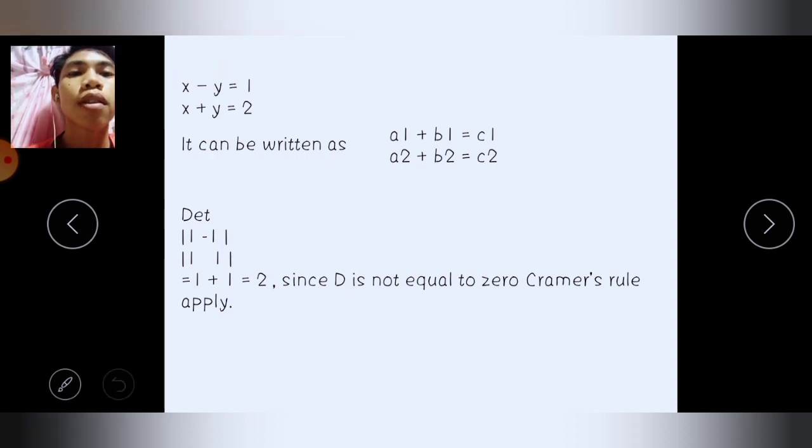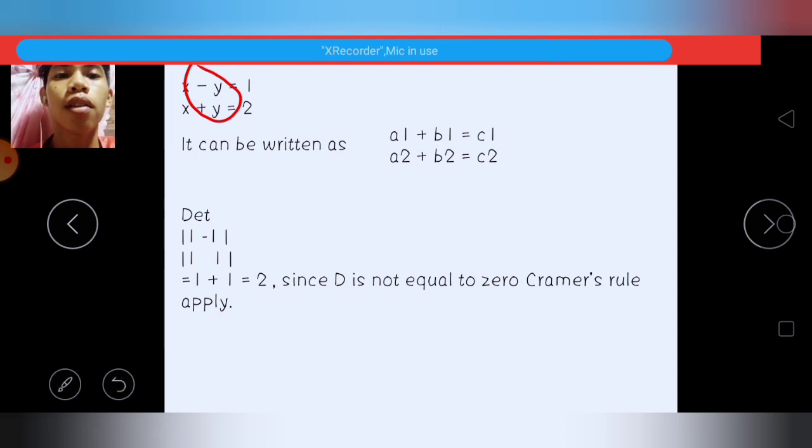So first, to solve the equation using Cramer's rule, we're going to get the determinant. Getting the determinant is just cross multiplying these two equations.